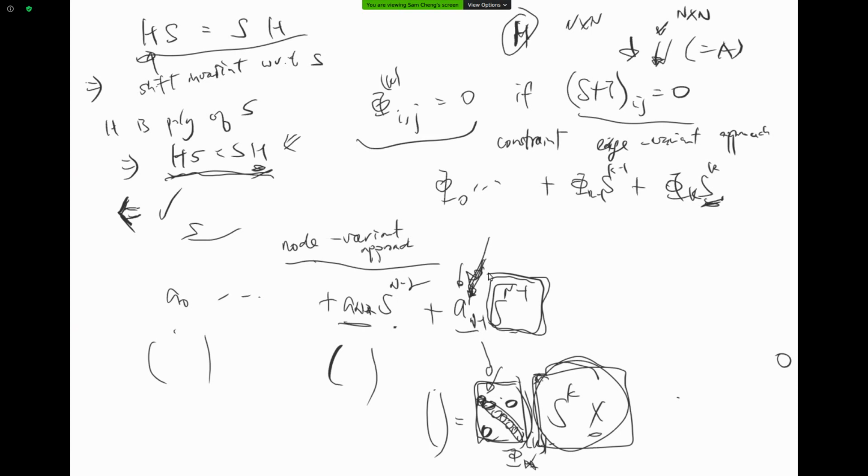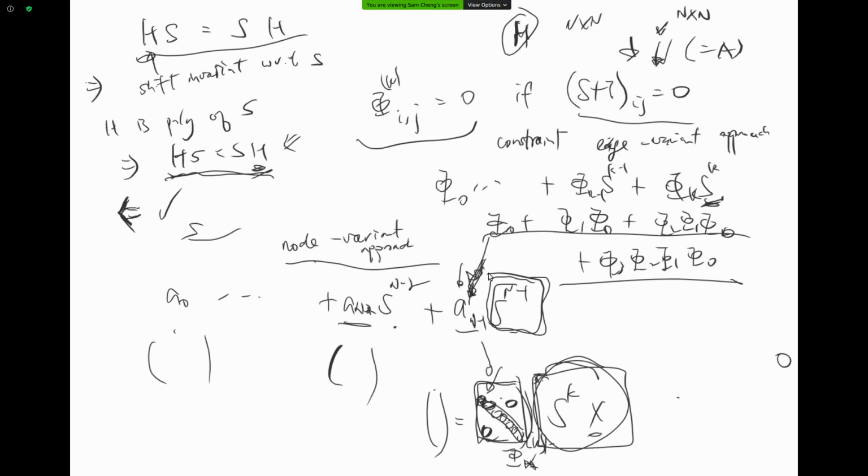So what they propose is phi 0 plus phi 1 phi 0, then plus phi 2 phi 1 phi 0, and phi 3 phi 2 phi 1 phi 0, something like that. They call this an edge variant approach.